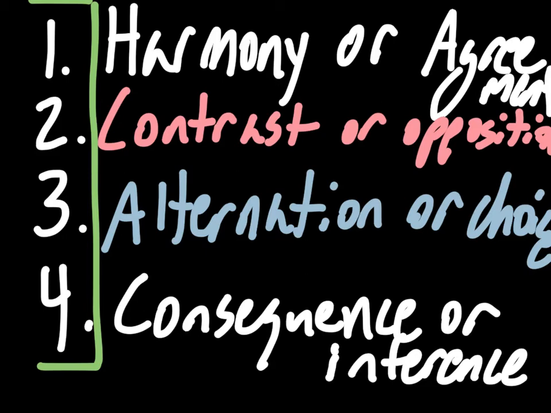For alternation, you could say either, or, neither, nor, otherwise, else, those types of things. Yet would also work as well. And then for consequence or inference, you could say therefore, as a result, hence, accordingly, those types of things. And we've discussed those with our semicolon practices, so this is where we start to see the two things blend.